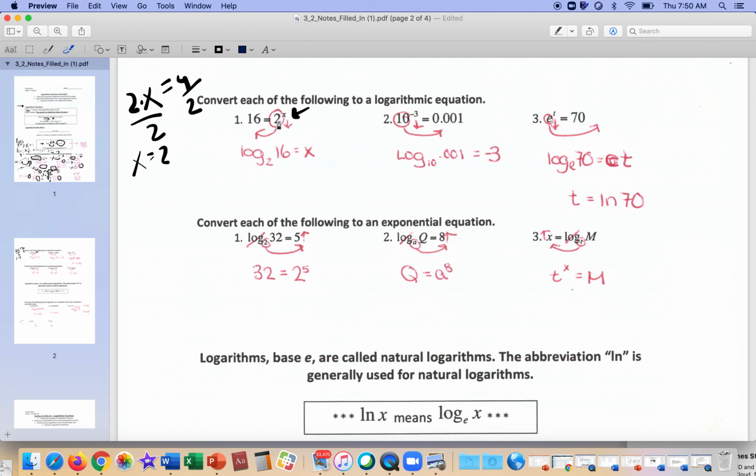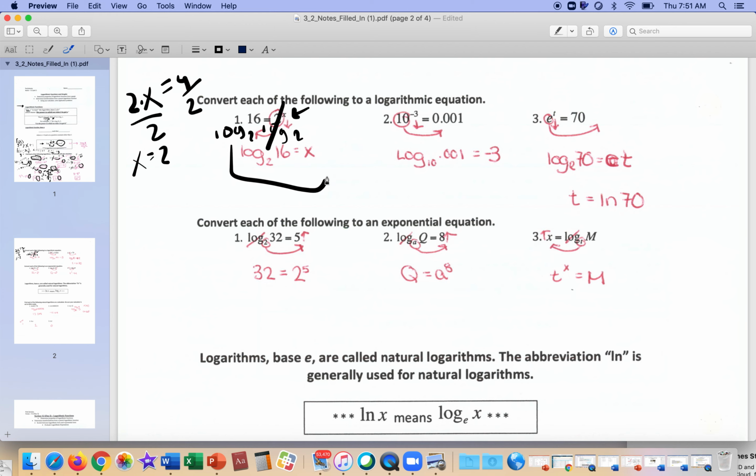In order to get rid of the 2, you would need to say log base 2. And what you do to one side, you do to the other. Log base 2. On the right, log base 2 of 2 cancels, so you're left with x. And on the left, you have log base 2 of 16.